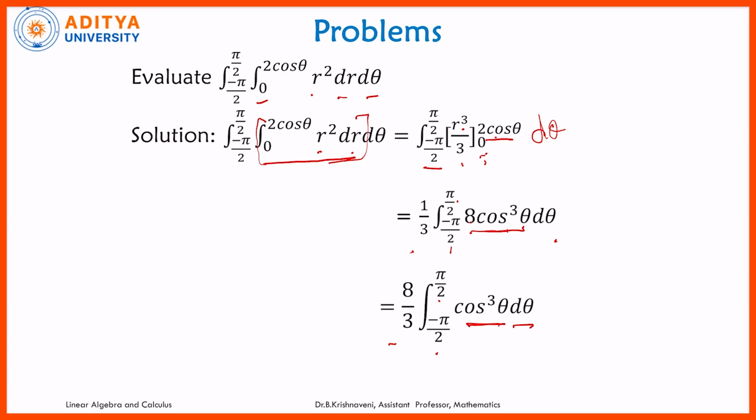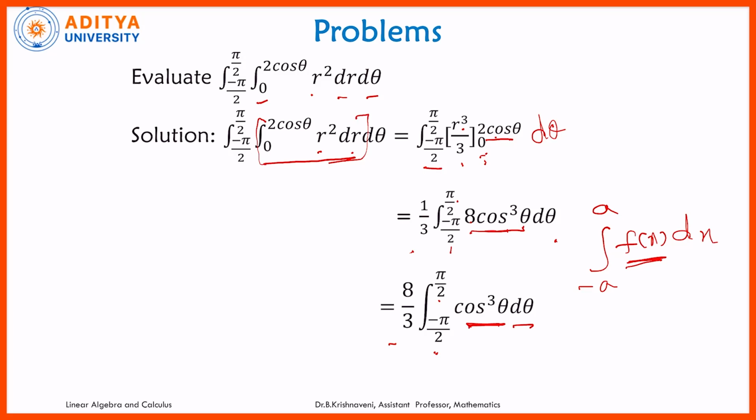So now we need to integrate this with respect to theta. To evaluate this, since the limits are in the form of minus a to a f of x dx, in order to make this simple, we check whether f of x is even or odd, and then we can evaluate the value easily.